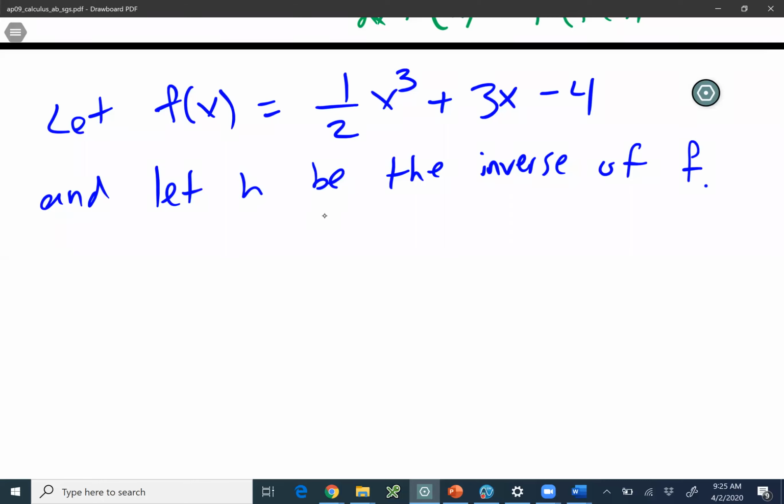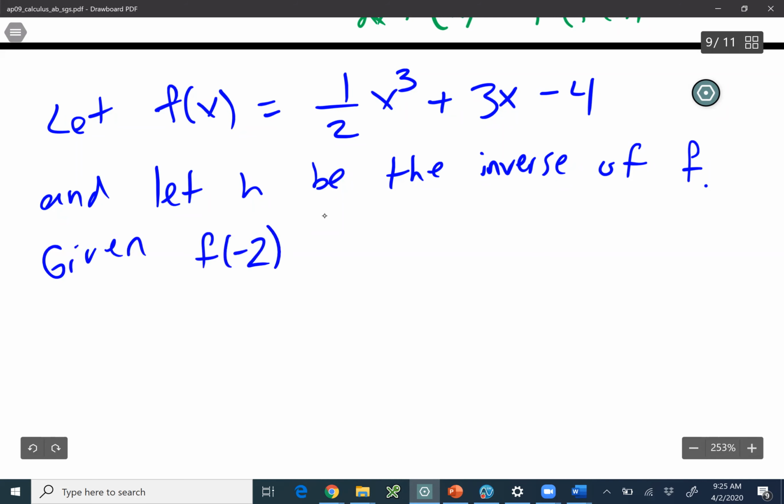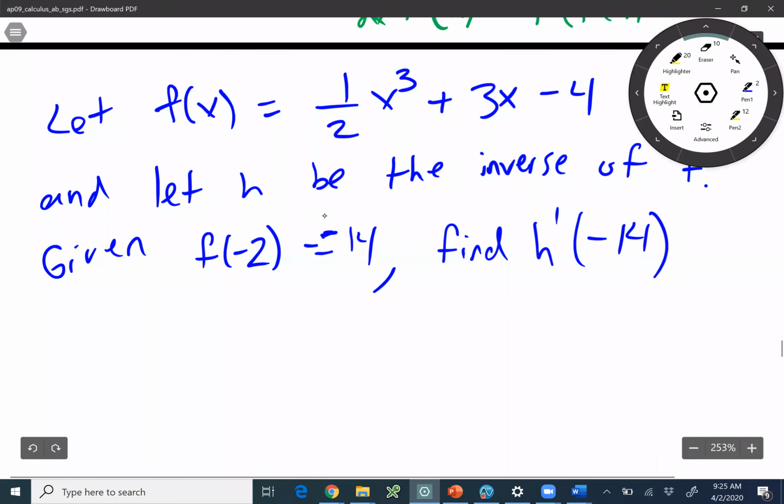Sometimes they'll say, given that f of negative 2 equals negative 14. You could have plugged that in, but they're just helping us out a little bit. Find h prime of negative 14. Let's clean that up a little bit.